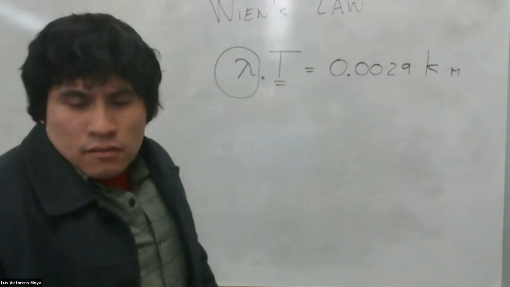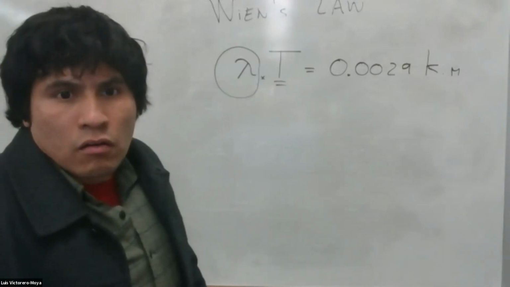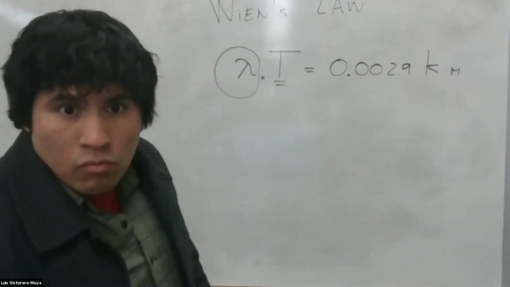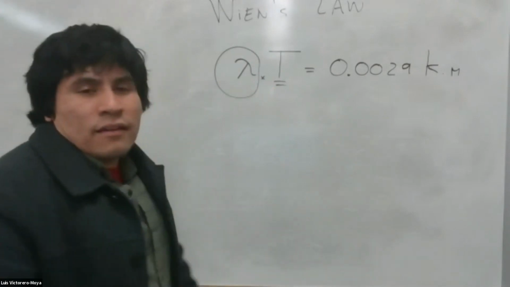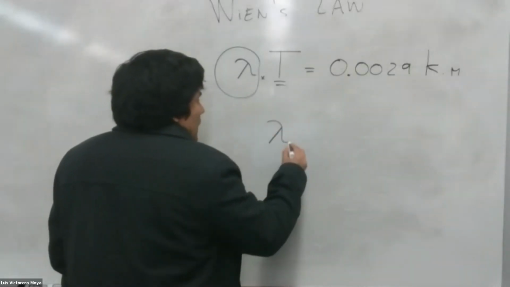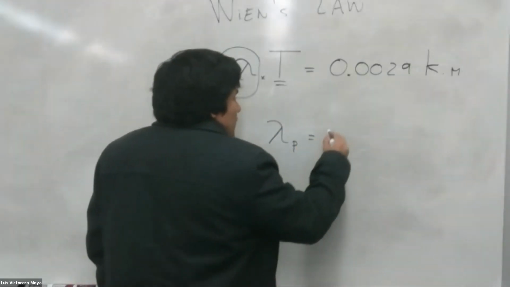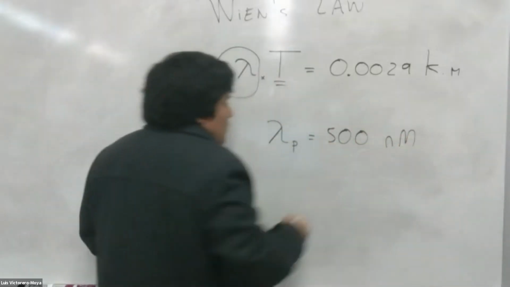I get 500 nanometers. So the wavelength of the peak of the sun is approximately 500 nanometers.